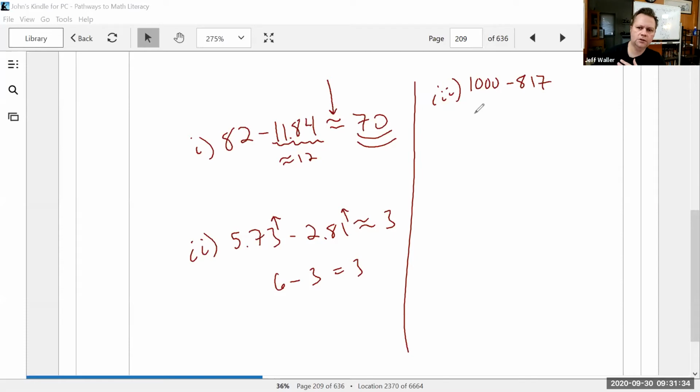So what I can do: you see how when I'm subtracting, what's 6 minus 3? It's 3. Well, if I make that go up 1 and that go up 1, what's 7 minus 4? It's still 3. So if I'm subtracting and I make both the numbers increase or decrease by the same amount, the distance they're apart stays the same. It's still 3, right? If I made it go down to 5 minus 2, isn't that still 3?